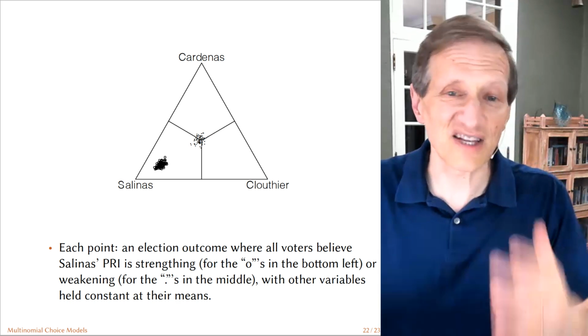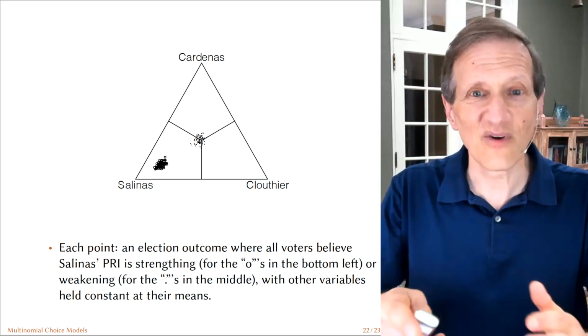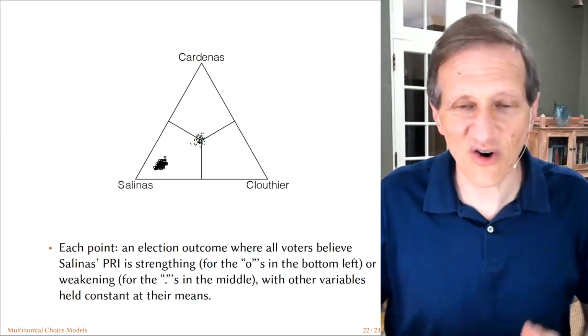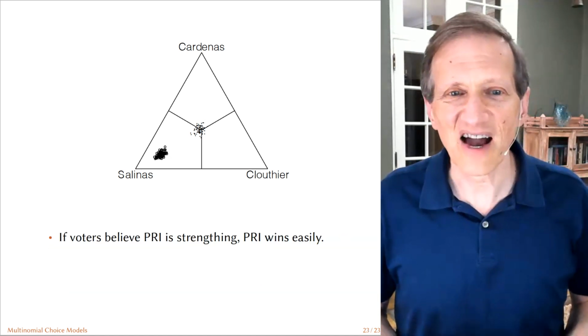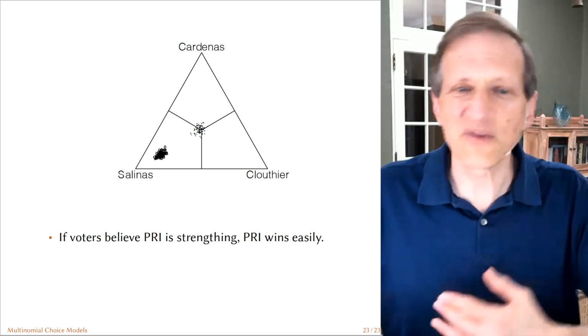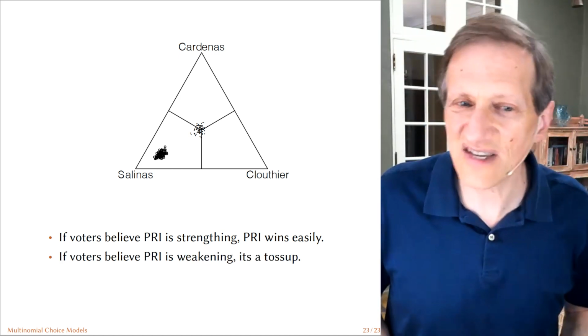Which is really interesting. That's what we analyzed. That was our conclusion from analyzing these data. If the voters believe the PRI is strengthening, the PRI wins easily. If the voters believe the PRI is weakening, it's a toss-up. And the interesting thing is, despite voter fraud, Salinas probably did, according to our analysis anyway, defeat a divided opposition in 1988.